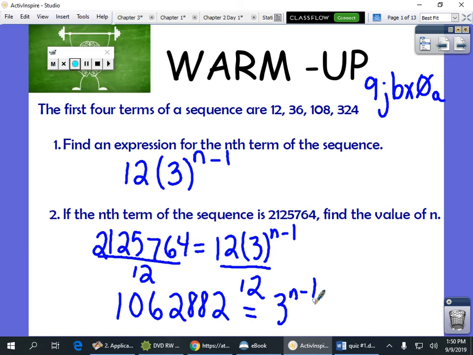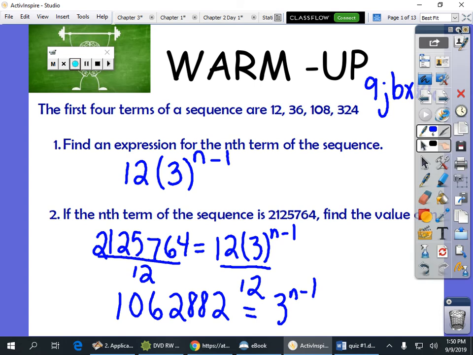Did we get a different answer? Oh, yes. Okay, hold on. Let's erase. Make sure you divided by 12 and didn't add an extra digit. Okay, it should be 177,147. Okay, now, what could I do?